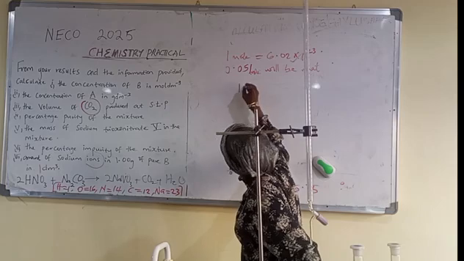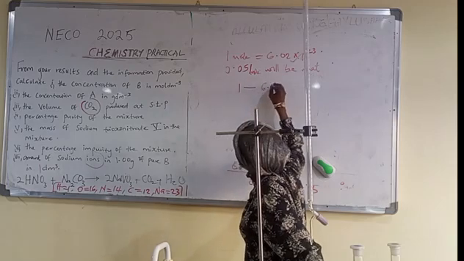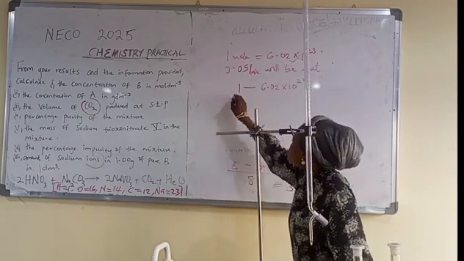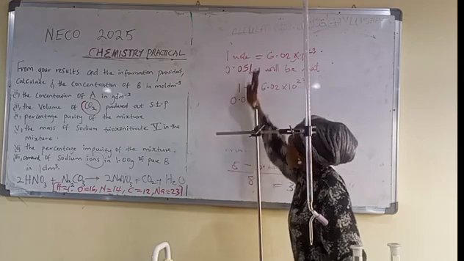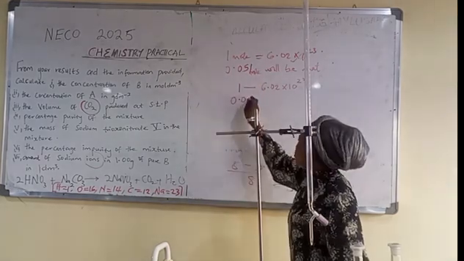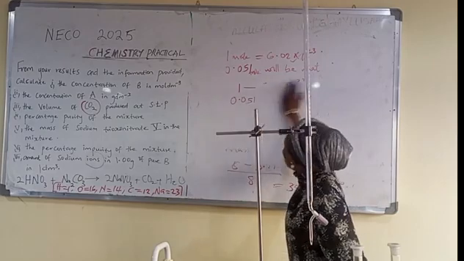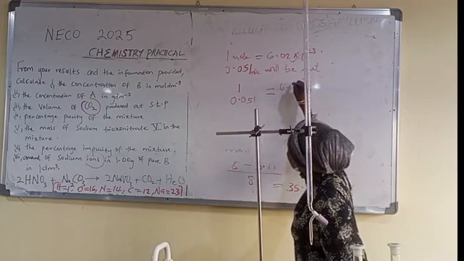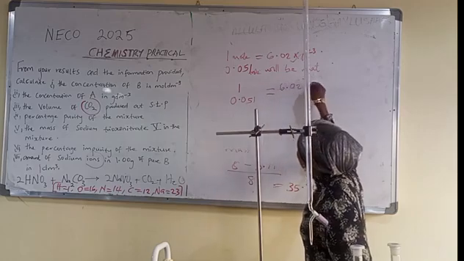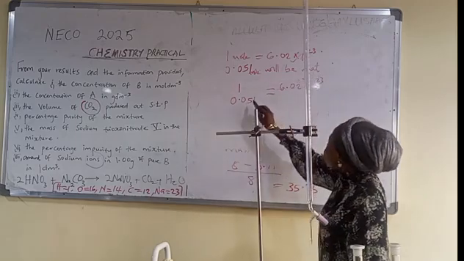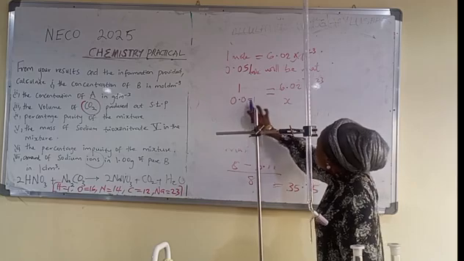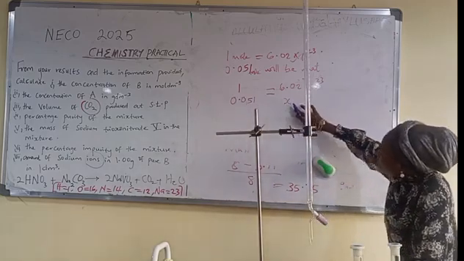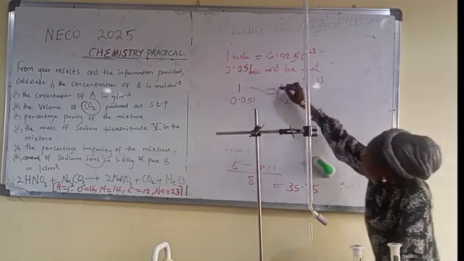So 1 mole is 6.02 times 10 raised to the power 23, then I put my 0.051 moles in the same place. This one is what the question says I should calculate. So let me cross multiply.